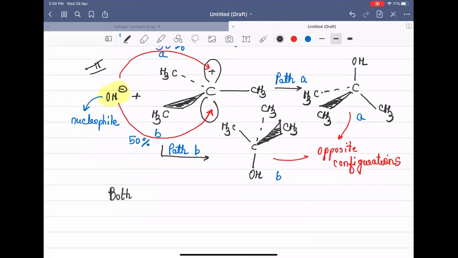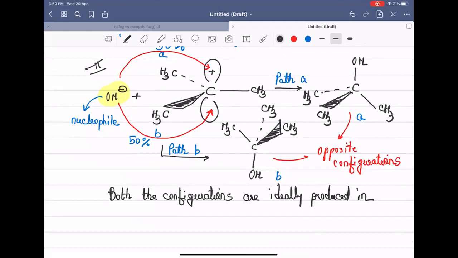So both the configurations are ideally produced in equal amounts.